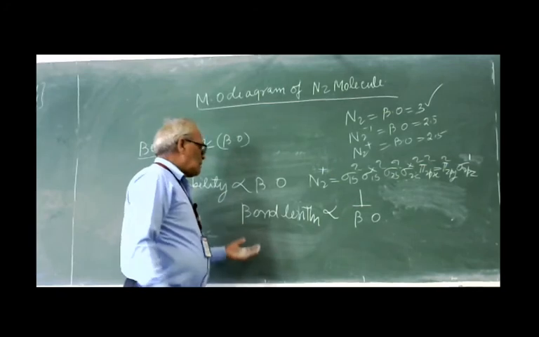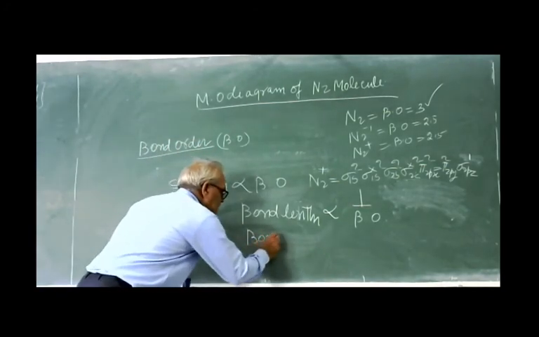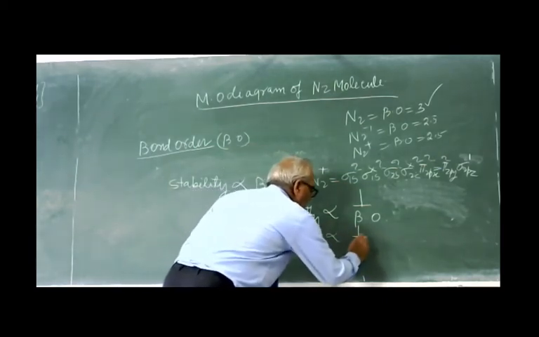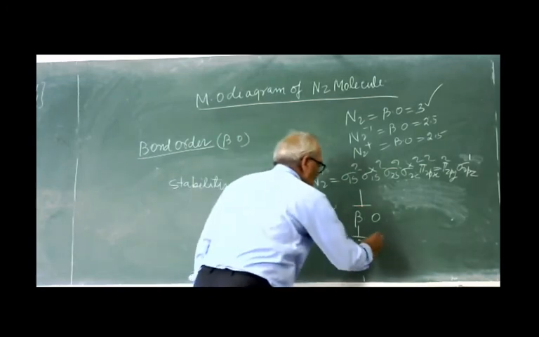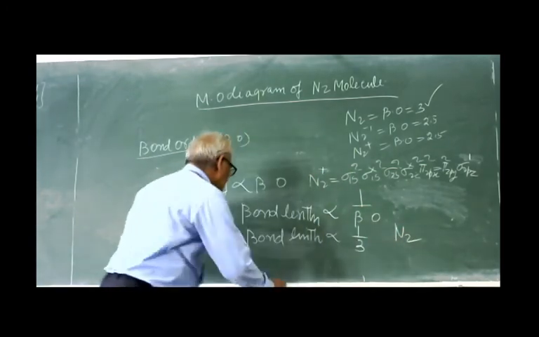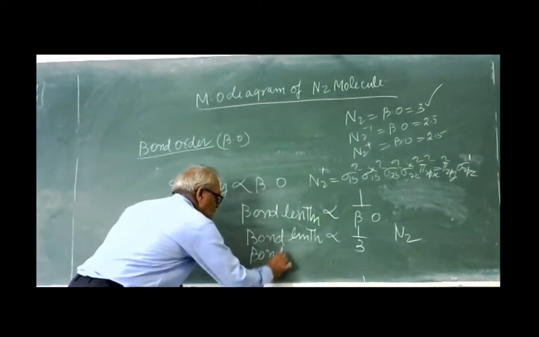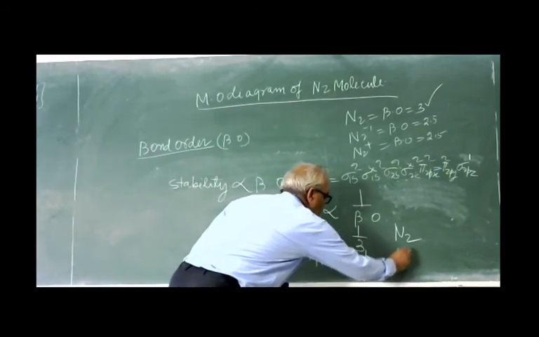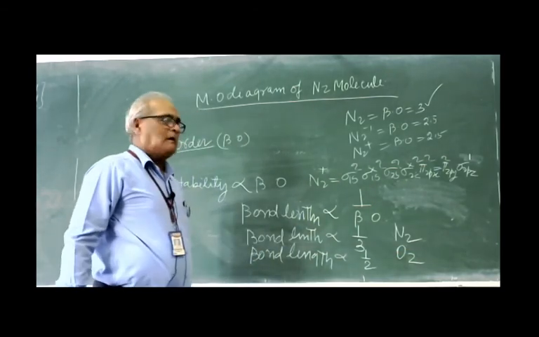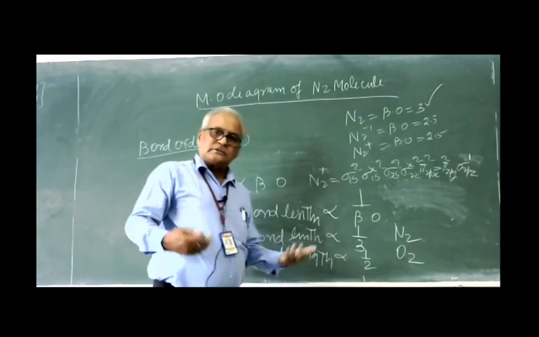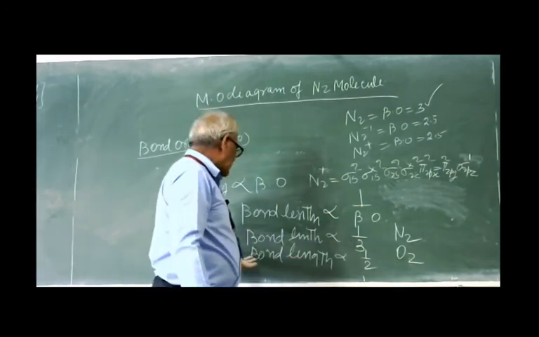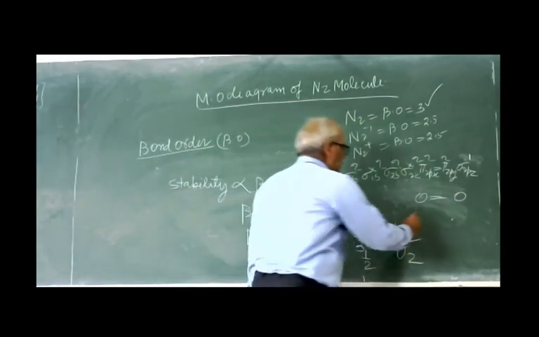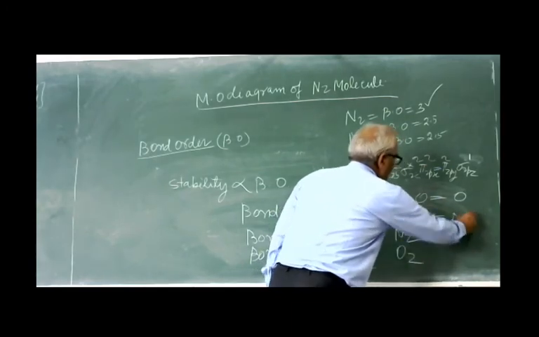For example, for the nitrogen molecule, bond length is proportional to 1 upon 3, and for the O2 molecule, 1 upon 2. So 1 by 2 is larger than 1 by 3, and therefore the O2 bond is longer than the nitrogen bond.